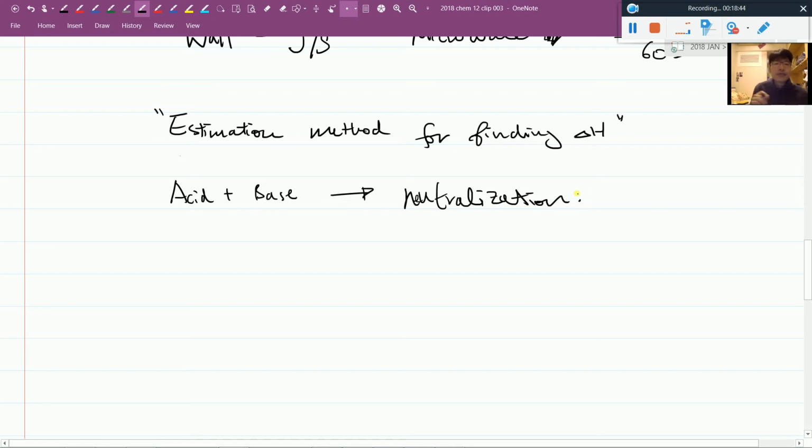Acid will neutralize base, base neutralizes acid. Then, if I have a very simple reaction, hydrochloric acid reacting with sodium hydroxide, tell me about the product. What would be the product? The product would be salt, sodium chloride, and water, H2O.